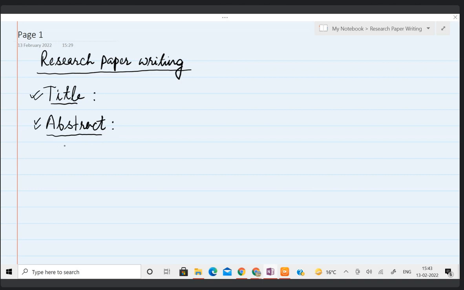So the third thing is the introduction. The introduction of a research paper basically starts with talking about the problem that you are going to tackle in your work, or that you have tackled in your work.